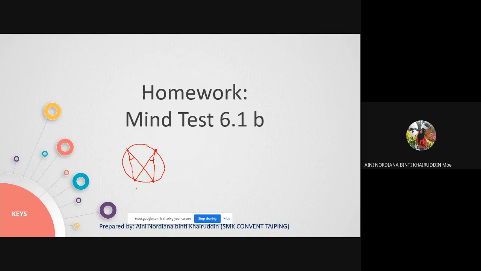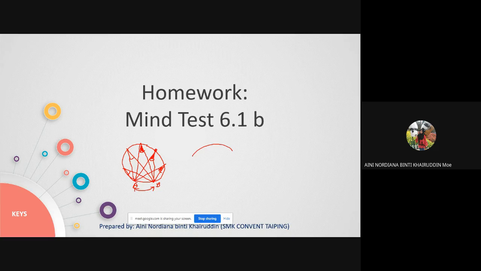Dia tak kisah, asalkan daripada arc yang sama. So ada banyak lah. Ini pun sama. Okay, here also same. Okay. So ini yang kita belajar tadi lah. Asalkan dia from the same arc, so all the angle have equal size.